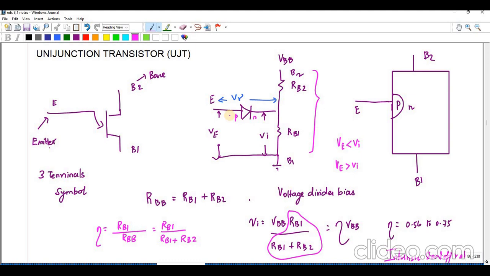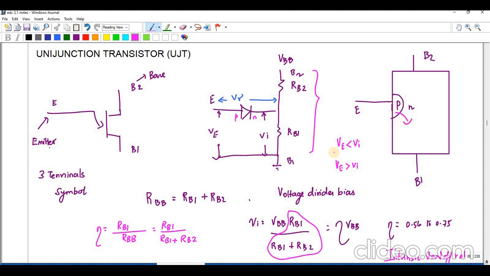Now if I assume that VE is greater than VA, this UJT turns on because the diode is now forward biased. More holes will be injected into this N region.